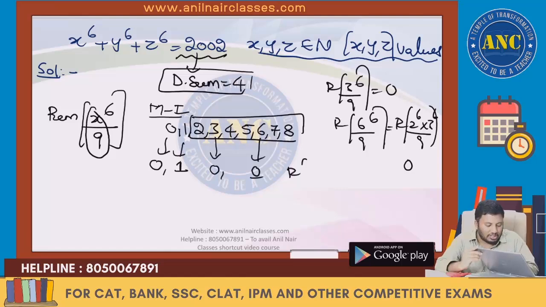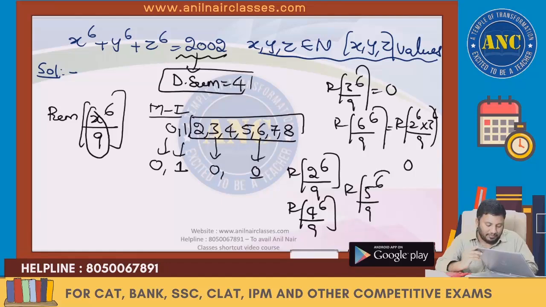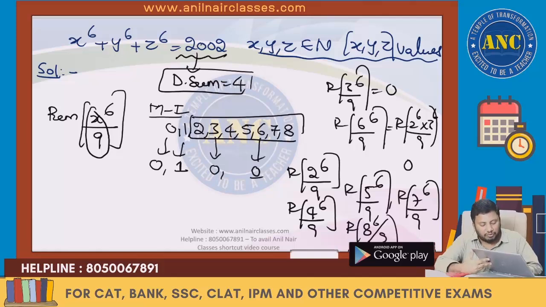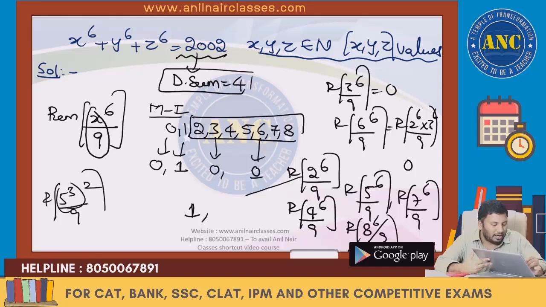Remaining all the logics: 2 power 6 by 9 remainder, 4 power 6 by 9 remainder, 5 power 6 by 9 remainder, 7 power 6 by 9 remainder, and 8 power 6 by 9 remainder. In all the cases, if you observe, 64 divided by 9, remainder 1. 5 power 6 is 5 cube whole square divided by 9. 5 cube is 125. 9 14s are 126.